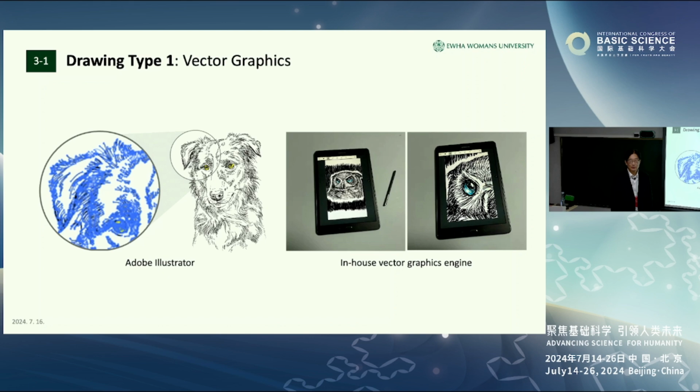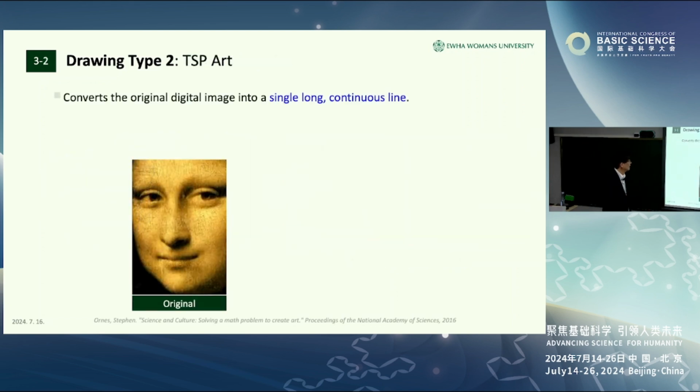Or if you're into computer graphics research, there has been very nice work about converting raster images to vector images in the literature. So you can even use that to create 2D vector form of images. That's the obvious choice. And another choice, again, this is our choice of course, is so-called TSP art.